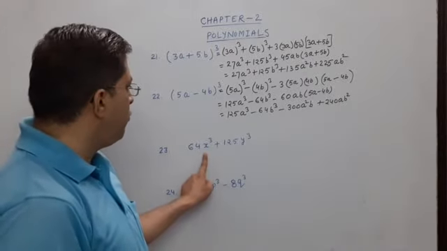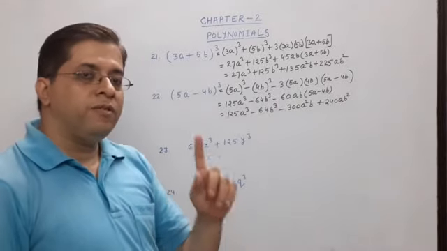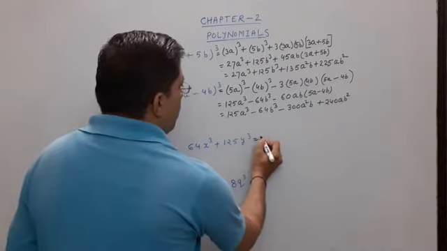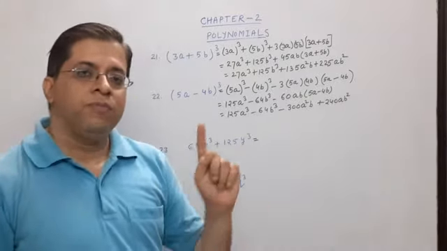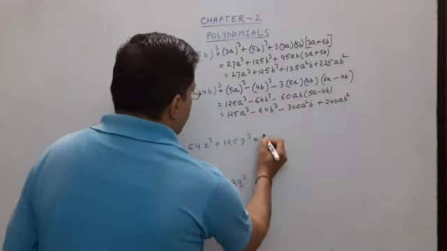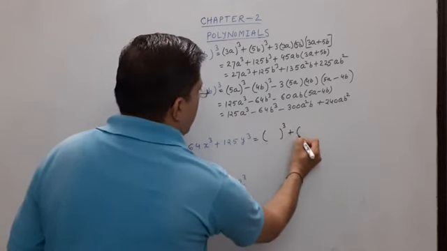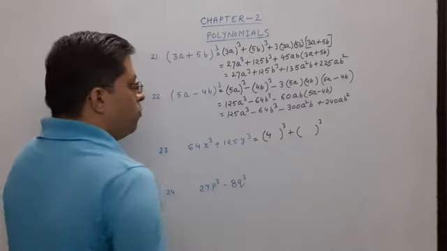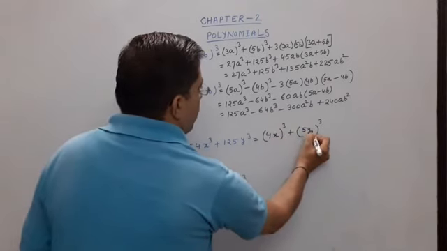Come on to the next, 64x cube plus 125y cube. Two cubic terms are there. It means this is looking like a cube plus b cube. What is a cube plus b cube? A cube plus b cube is equal to (a plus b)(a square minus ab plus b square). I am converting into standard form. See here, this is the standard form of a cube plus b cube. What will be a? That is 4x, since 4 cube is 64. Then b here is 5y.